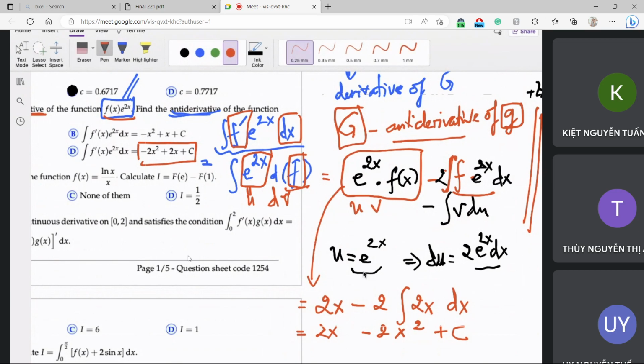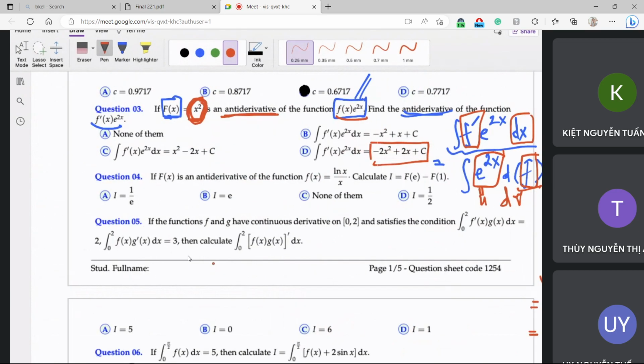Okay. So now please show problem 4. We have that the big F here is the antiderivative of the small f. So we want to find F(e) minus F(1).